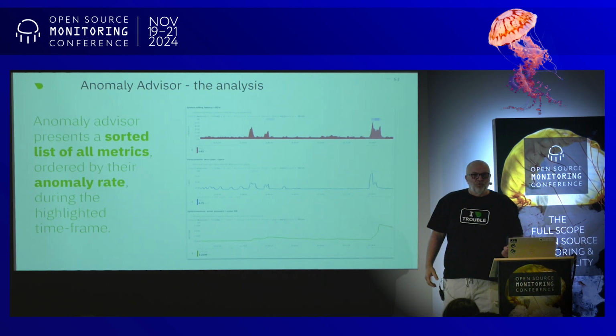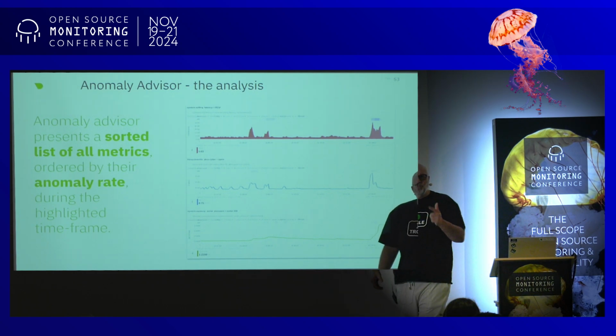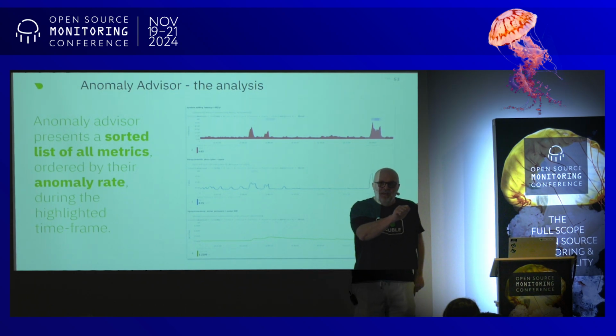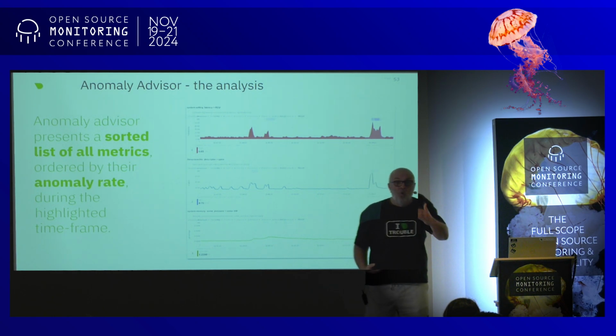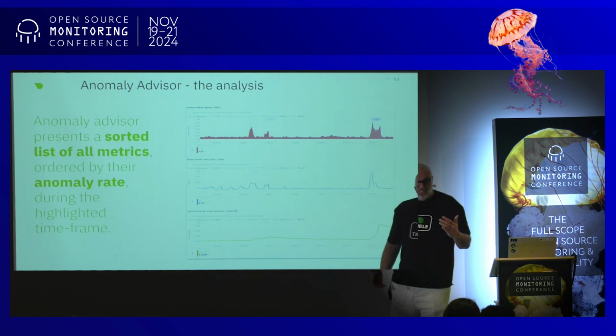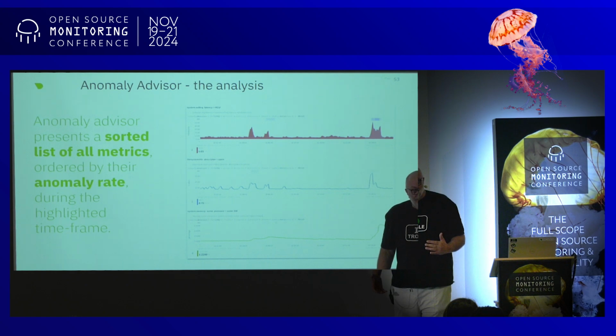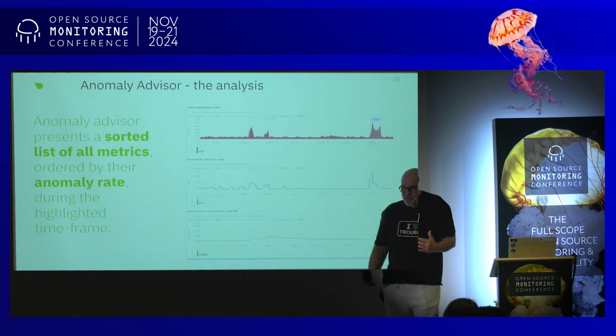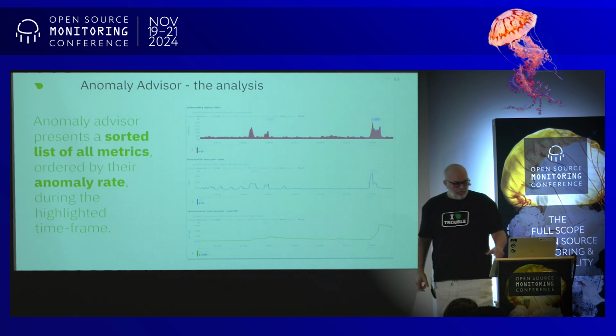What do we change with this tool? You go to the tool and you highlight the area, it gives you the results, and your aha moment is within the top results. So suddenly you say, what? The database did that? The network did that? The storage did that? You get it? Completely flipped.